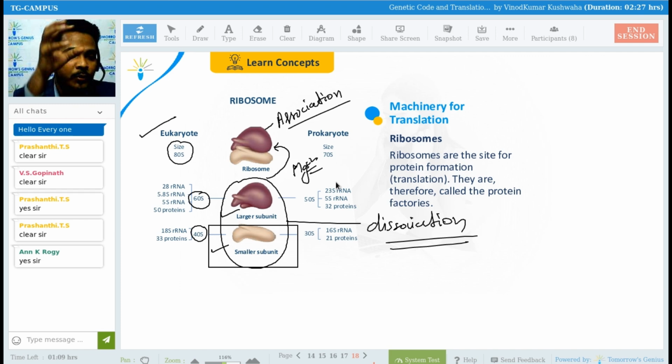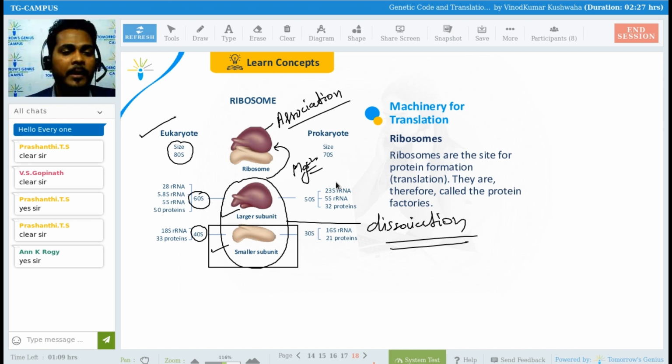So based on sedimentation, it is the size which is 80S. So don't think much about it. It is 80, and at the time of dissociation they are 60S and 40S. The size is reduced, so it becomes 80S. So 60S and 40S are the large and smaller subunits, and when they are associated, it becomes 80S.